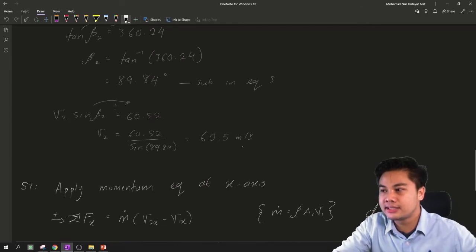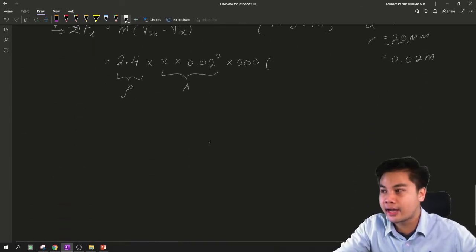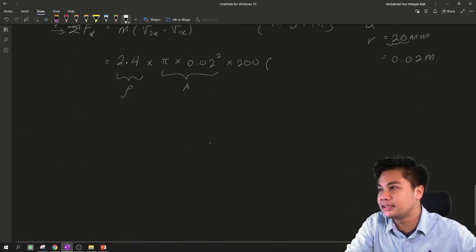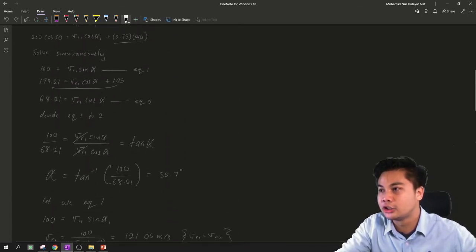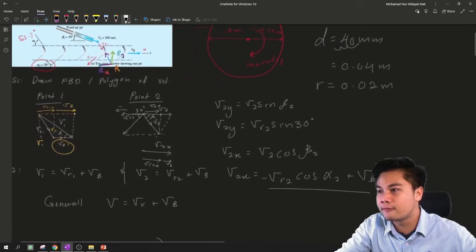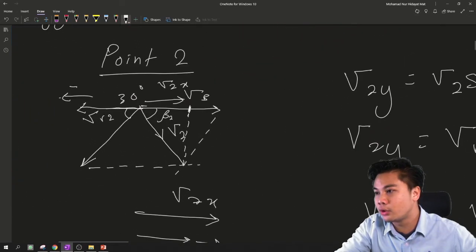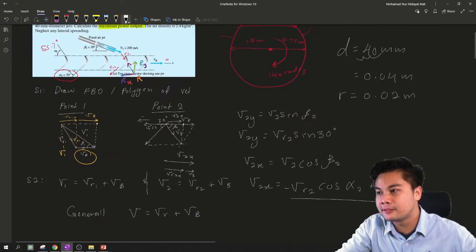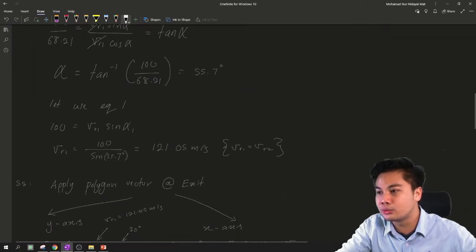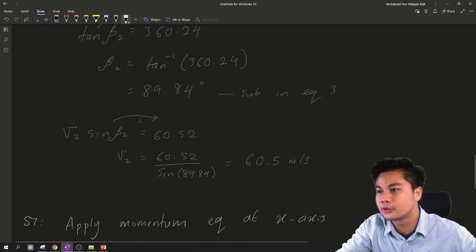The V2 previously we discovered to be 60.5. This is the x component. So when we look at our polygon vector V2, in order to get the x component, we must cos with beta 2. Previously we discovered that our beta 2 is 89.84.